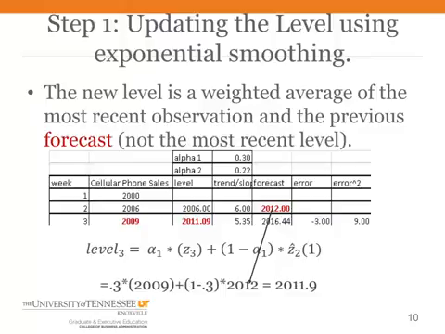That forecast will include both the level and the trend of the previous period. So we're basically saying this is where we would expect the process to be in this period given the level and the trend that we had estimated before, and we're going to include that in our update of the new level. Alpha times the current sales plus 1 minus alpha times the old forecast gives us the new level of the process.